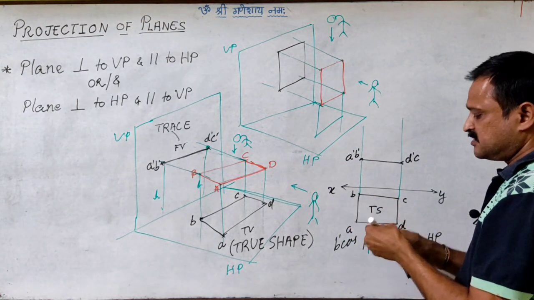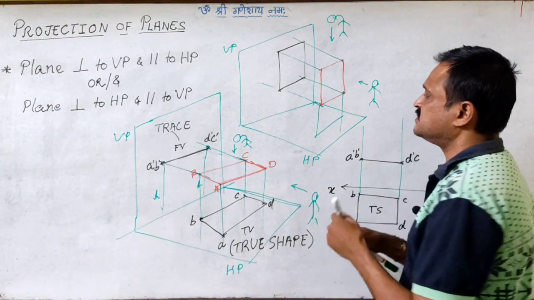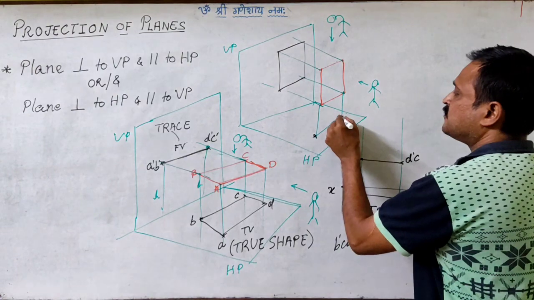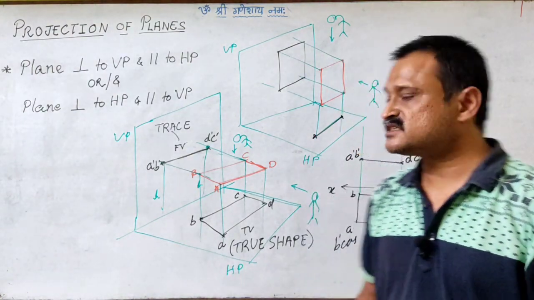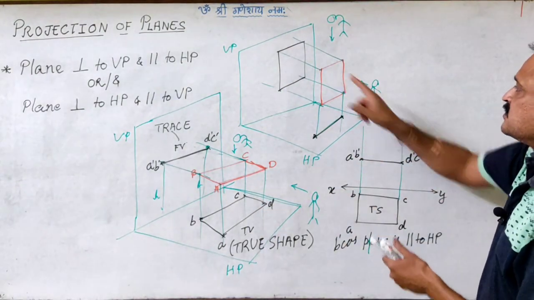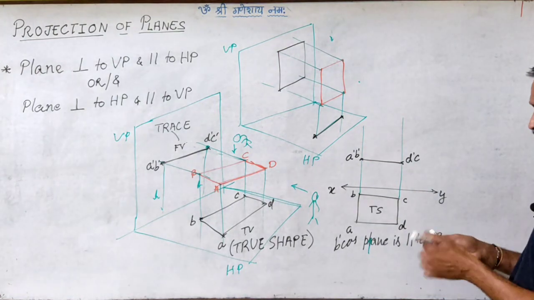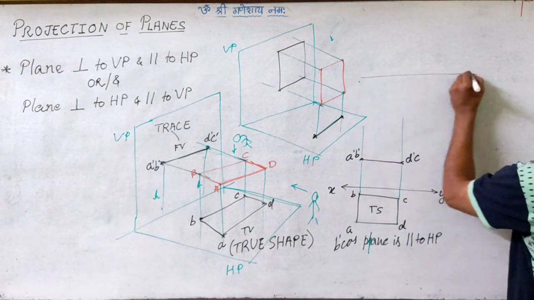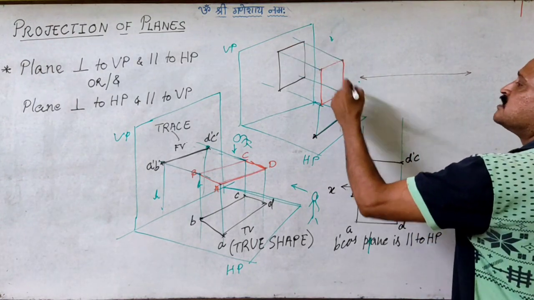Again, it will depend on the condition of the orientation I have. This trace length is going to depend on the orientation in which it is kept in the first quadrant. So the orthographic projection in this condition, now in the front view we are able to see the true shape.